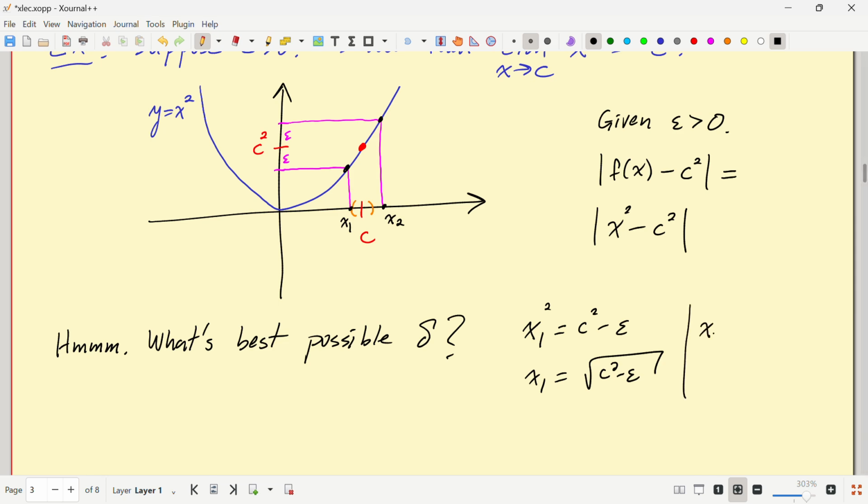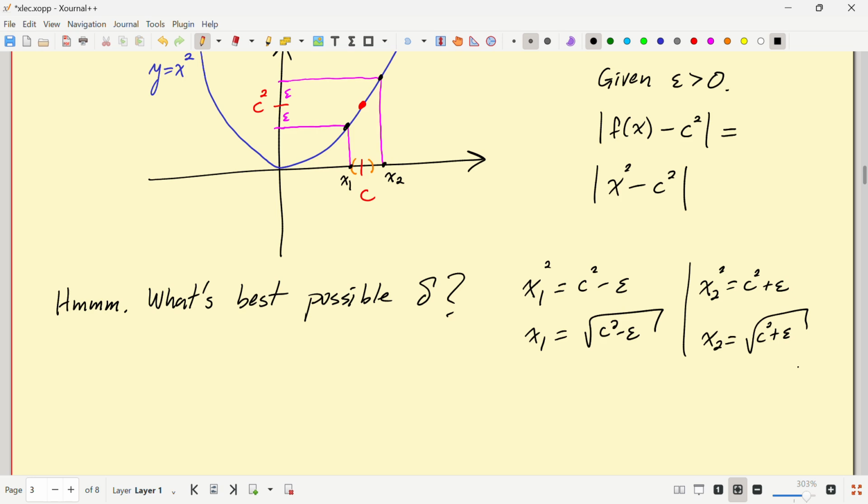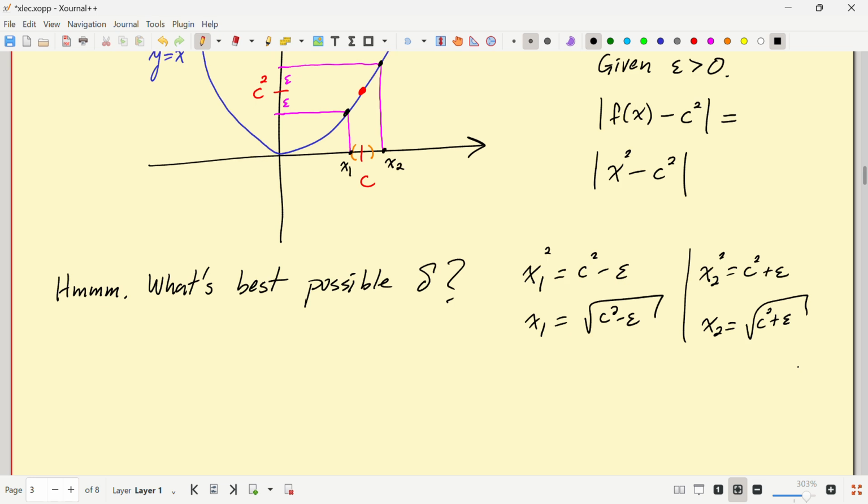And x2 squared would be c squared plus epsilon. And so x2 would be the square root of c squared plus epsilon. And which one of those is farther away from c? I'd have to figure out which is bigger.